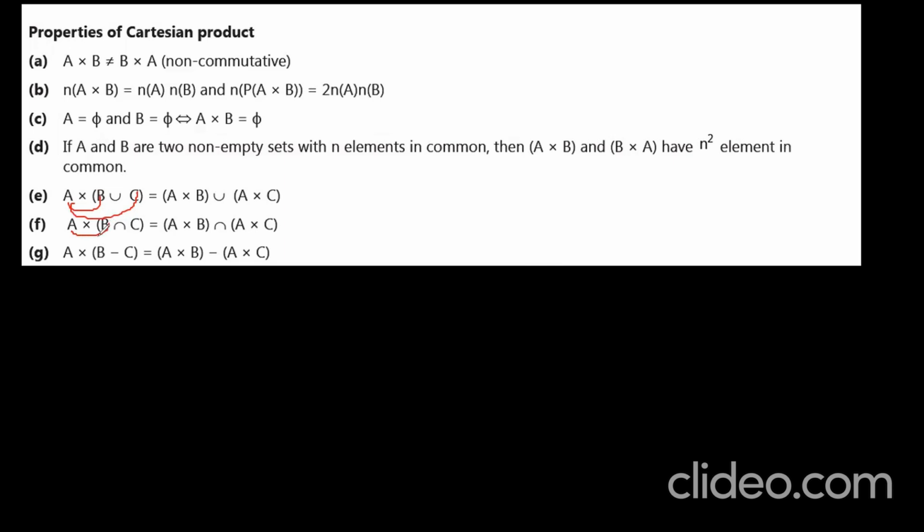Similarly for intersection, and A cross (B minus C) is (A cross B) minus (A cross C). Like this we can check and apply these properties.